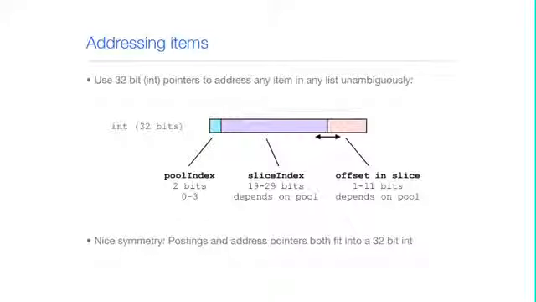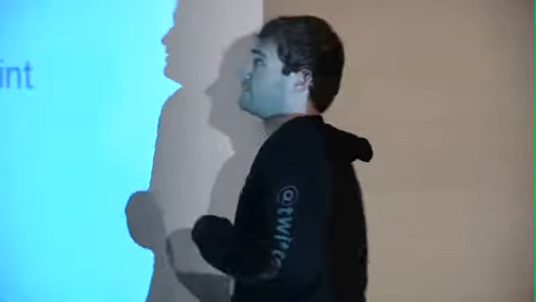So the way it works is we use the 2 upper bits of the integer for the pool index. Remember, we have 4 pools, so 2 bits are enough to encode the numbers 0 to 3. Depending on which pool we address, the slice size is fixed, right? So if you're on the highest pool, if the first 2 bits indicate number 3, we know we are in the highest pool, and then we know the slice size is 2048. That means we need 11 bits to point to a certain offset within a slice.